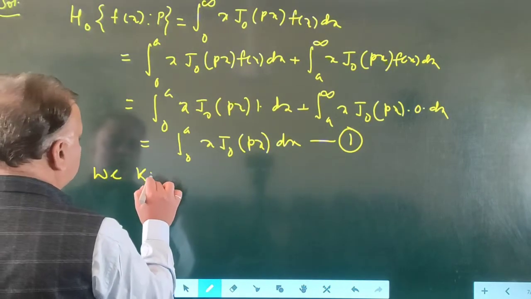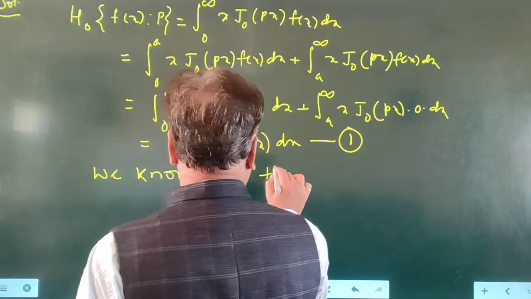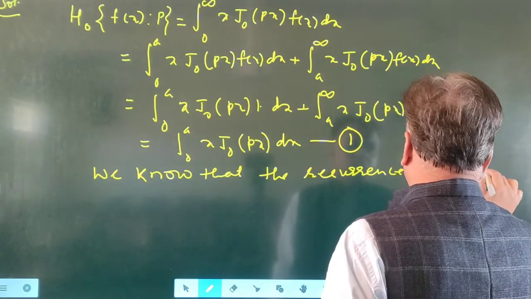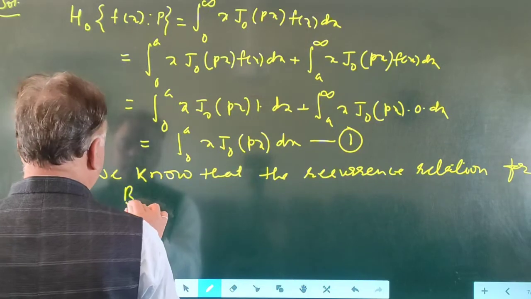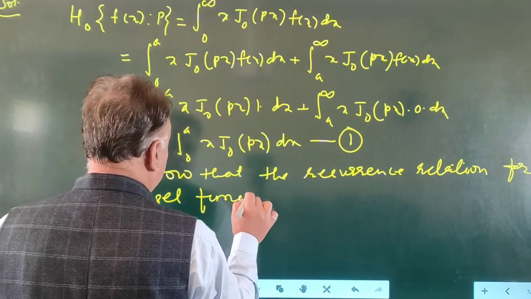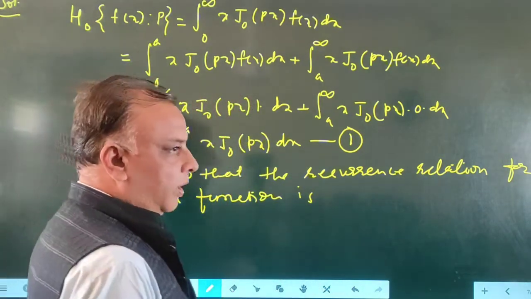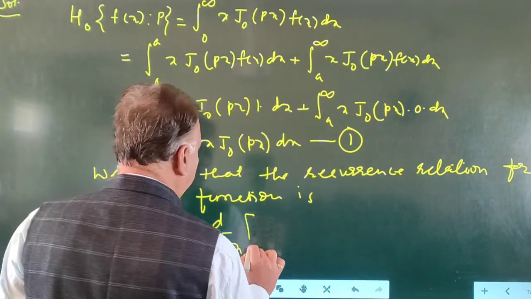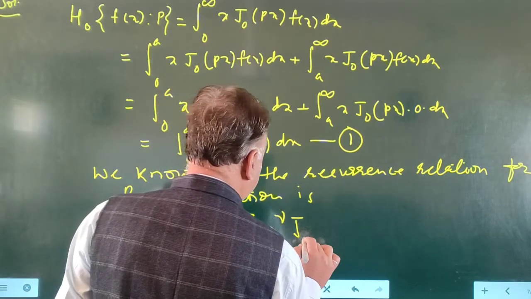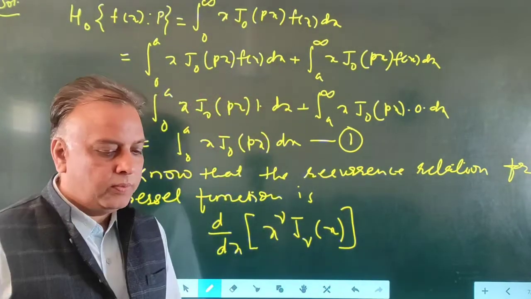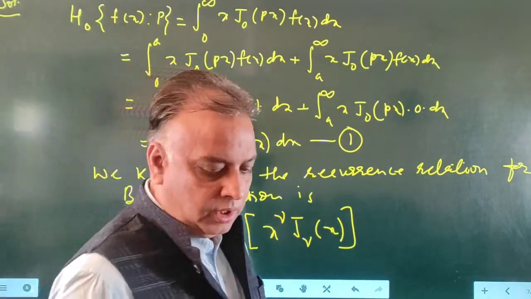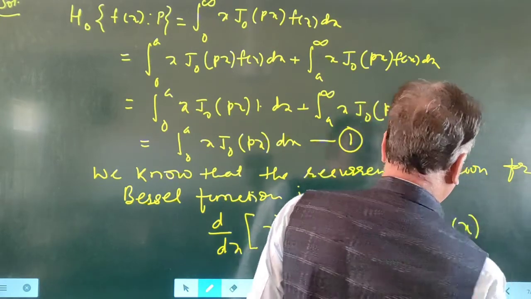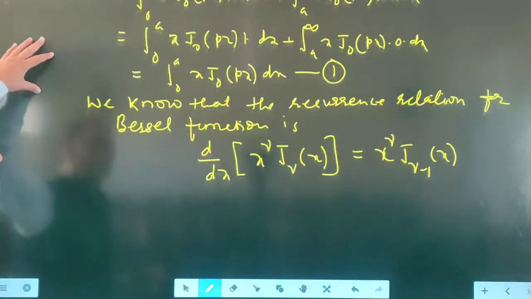We know that d by dx of x raised to nu J_nu(x) is equal to x raised to nu J_(nu minus 1)(x). This is the recurrence relation for the Bessel function.